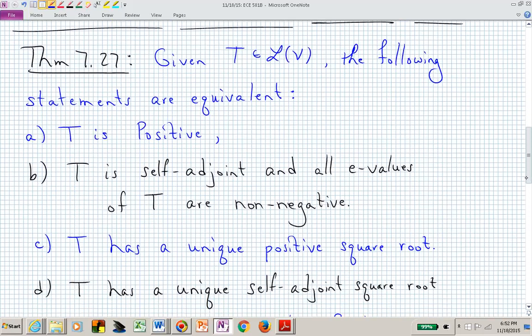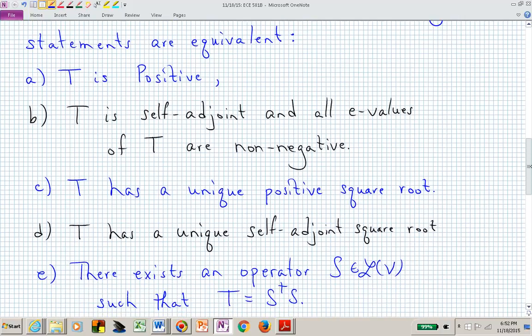Here are all of those statements that are equivalent, captured in Theorem 7.27 of Chapter 7. If we're given a linear operator T, then the following 5 statements are actually equivalent.